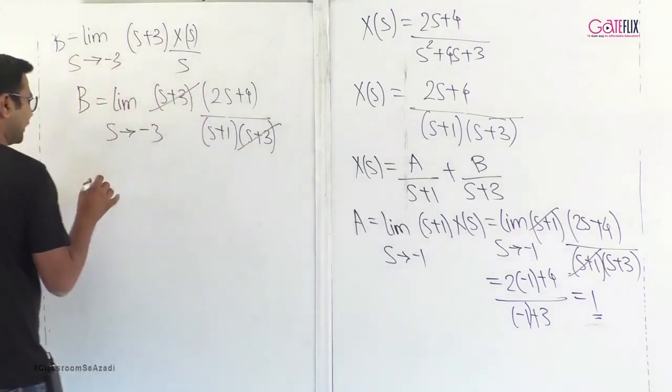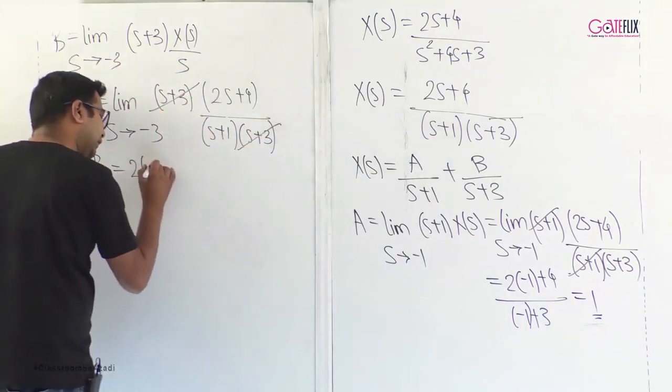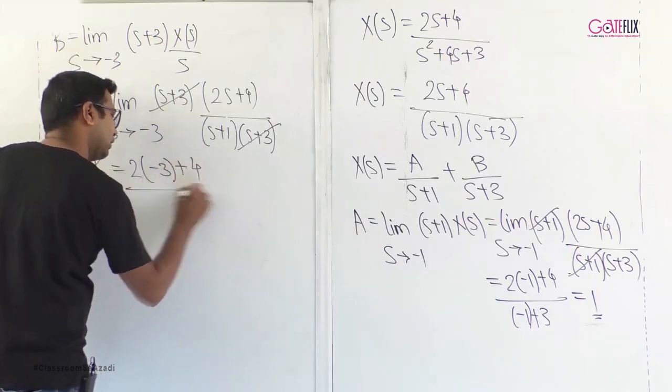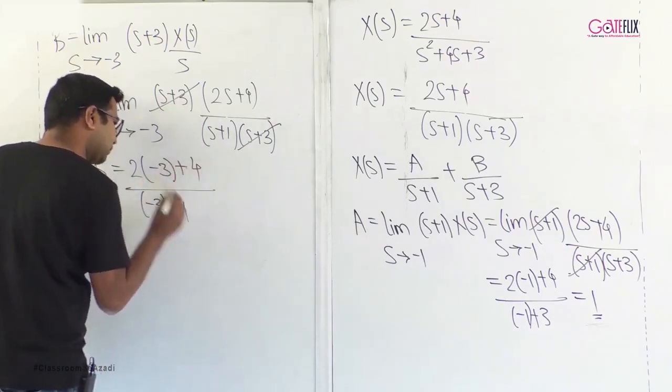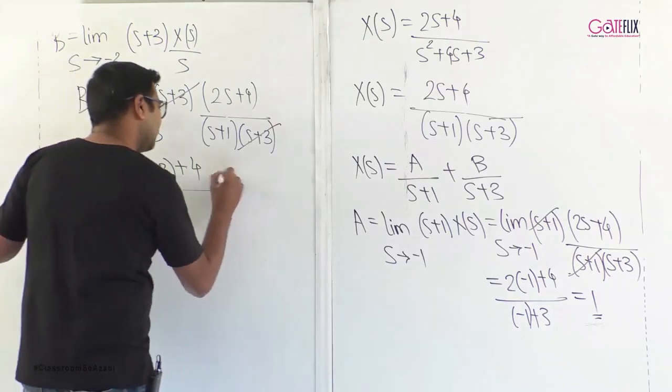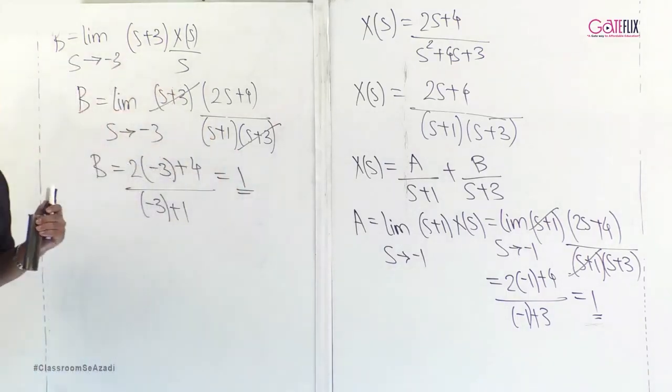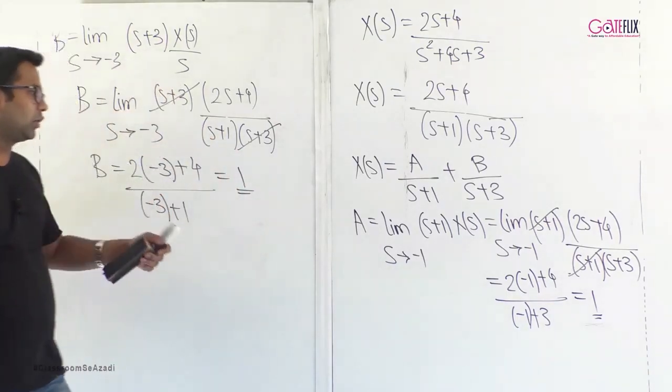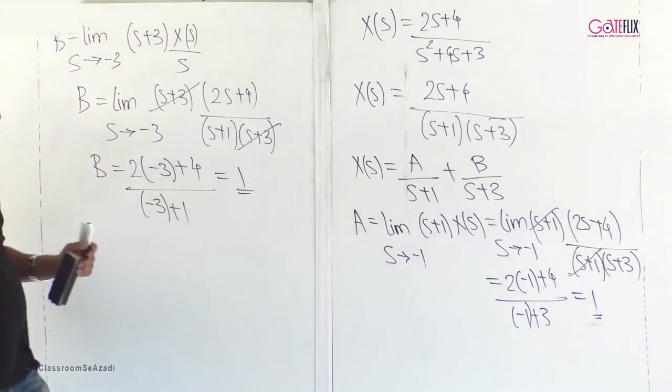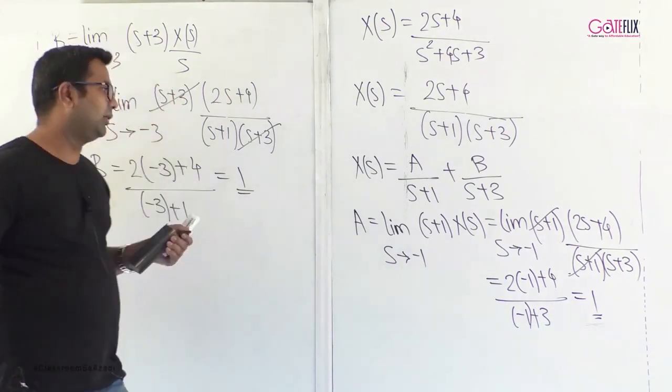So, s plus 3 would get cancelled and B will come out to be 2 into minus 3 plus 4 divided by minus 3 plus 1. So, the value of B also comes out to be 1. Therefore, we have calculated the value of A and B. Both A and B are coming out to be 1.